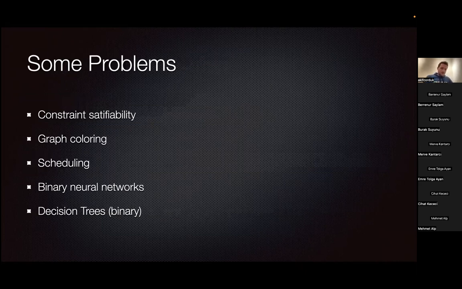So some problems that can be solved by SAT solvers are, of course, constraint satisfiability, where you have an equation of constraints and ask whether there is any assignment that satisfies it. Graph coloring, where there are many forms of it, but the best-known form is that no adjacent edge can have the same color, and you can express it with simple Boolean logic, but as the graph size grows, it will be very complex, as this is an NP-complete problem that grows exponentially.